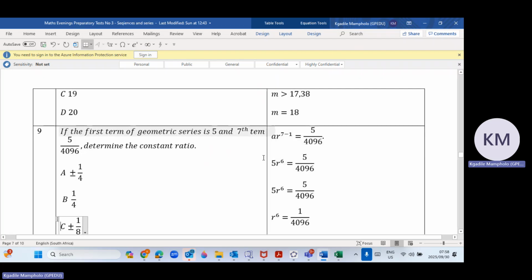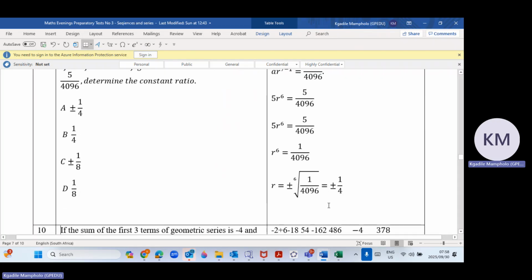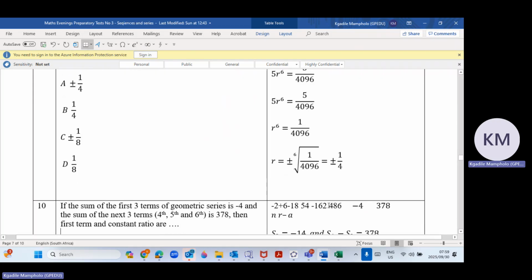The first term given is 5, then you divide both sides by 5, you get 1 over 1296. But remember, since the exponent is an even number, you say plus or minus. It means if r is 1 over 4, or if r is negative 1 over 4, it will satisfy the statement. So the answer is plus or minus 1 over 4.